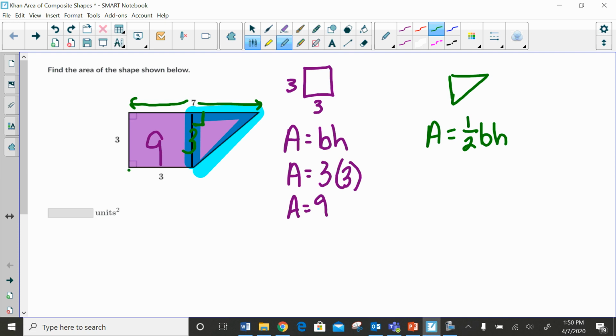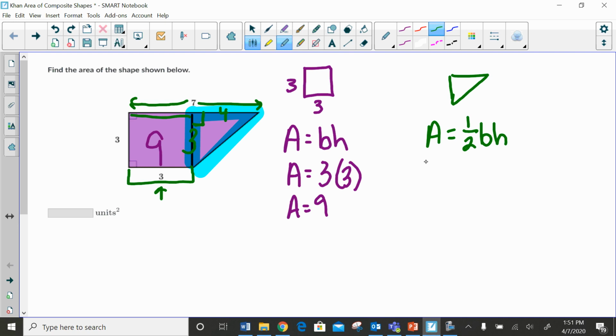We found that to go from here to here was 3, so what is left for this side of our triangle? What's 7 minus 3? That is 4. So this side of our triangle is going to be 4.